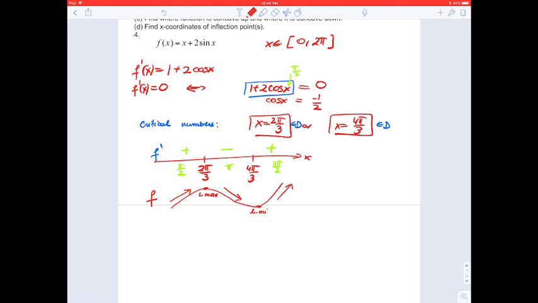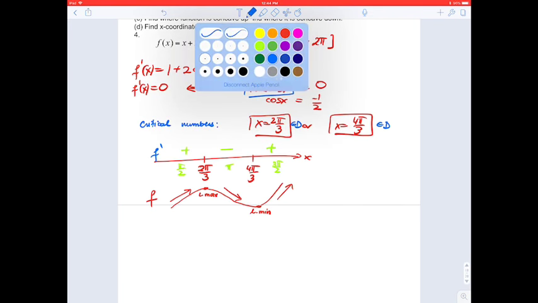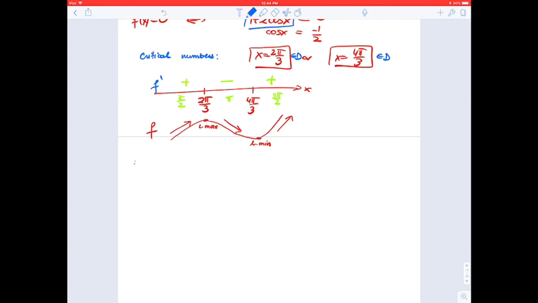That means this is a local max, local min. Okay, and I can state the intervals. Function is increasing if x belongs from 0 to 2 pi over 3 and from 4 pi over 3 to 2 pi, because we have to stop at 2 pi and start from 0.